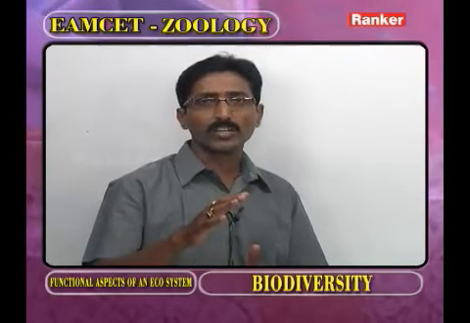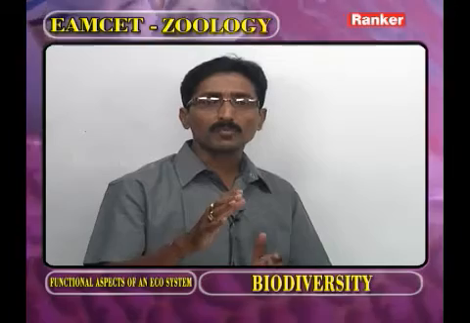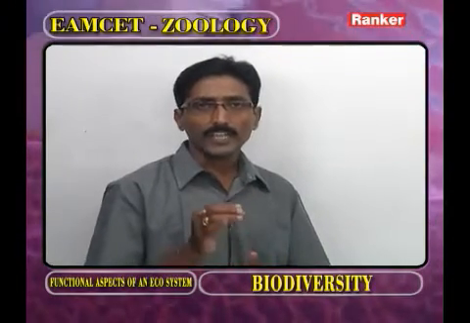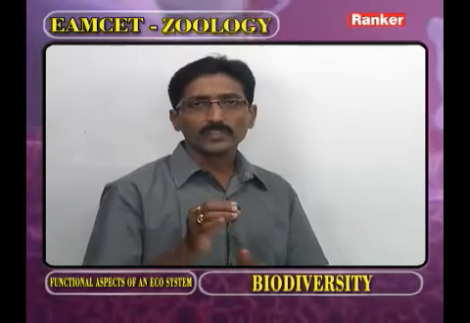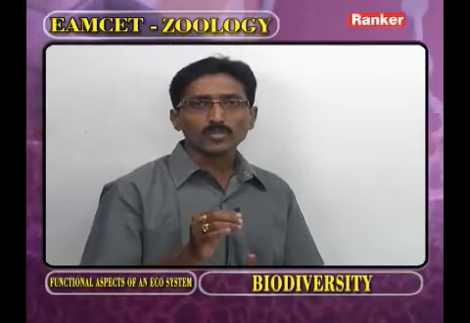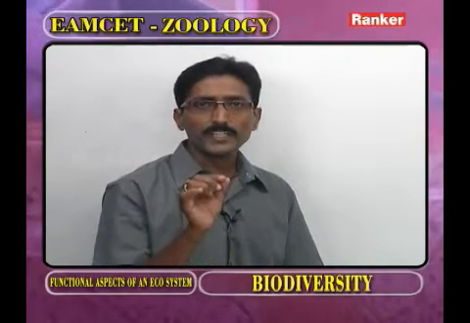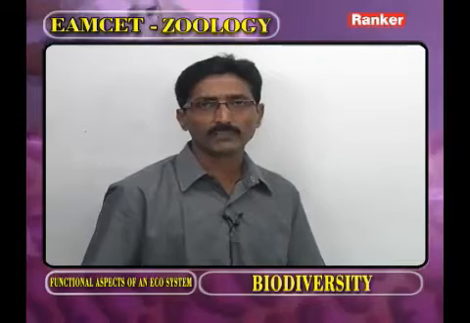And the last one we call decomposers. Without decomposers, the producers cannot survive for a long period. In an ecosystem, without decomposers, the producers cannot survive for a long period. This is a small introductory part regarding the biotic factors.